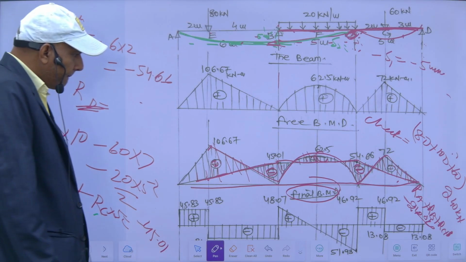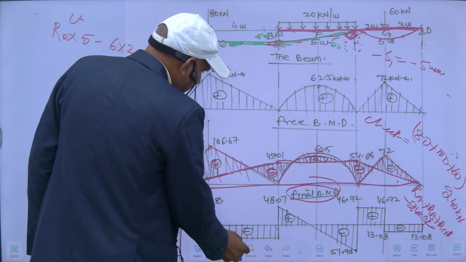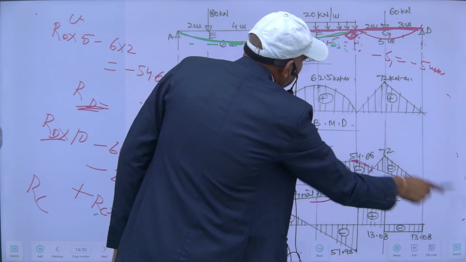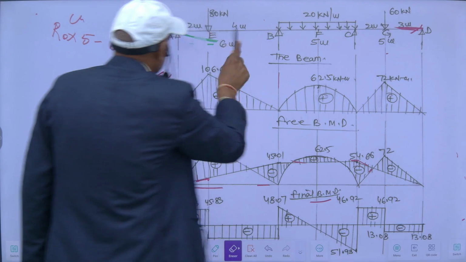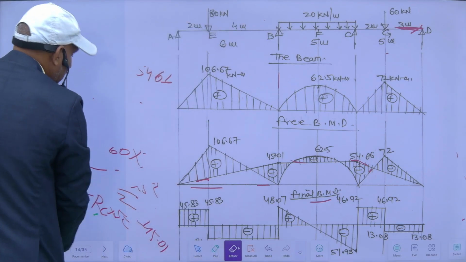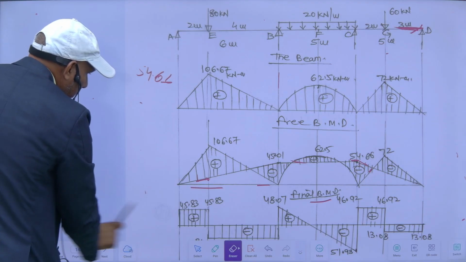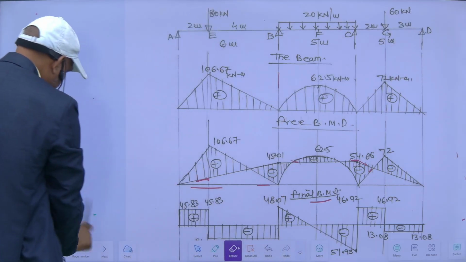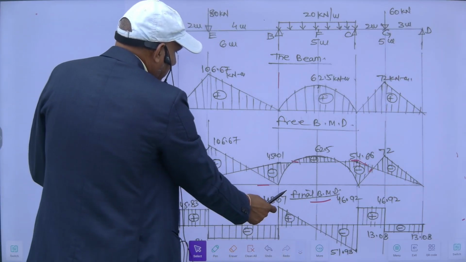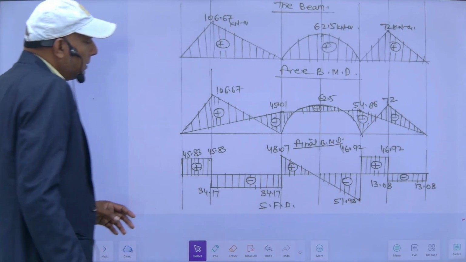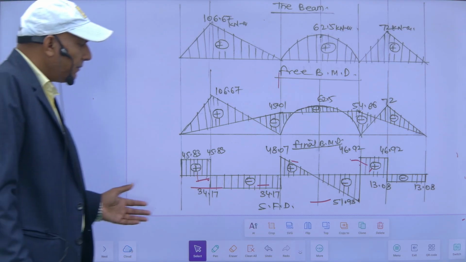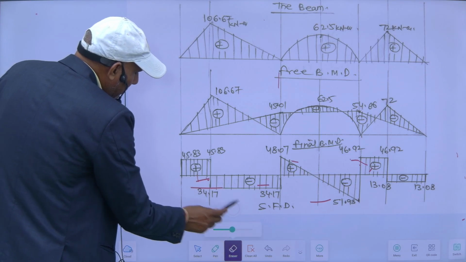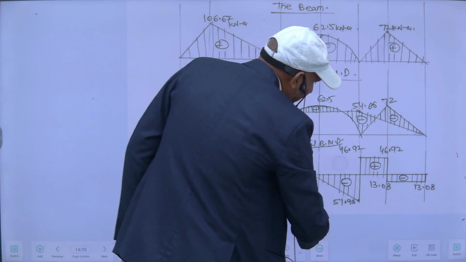I can now plot the shear force diagram. This is my SFD.